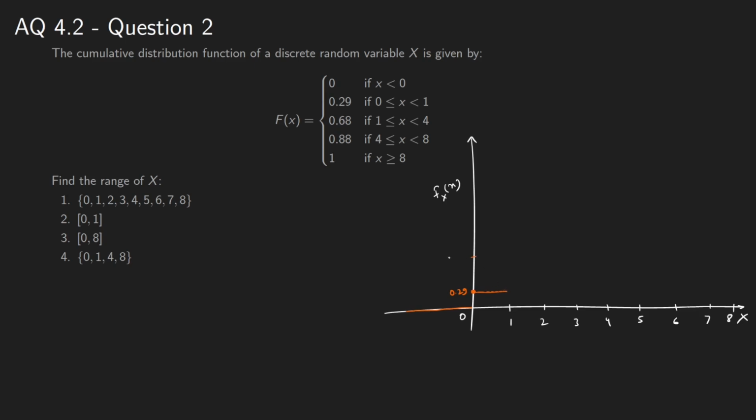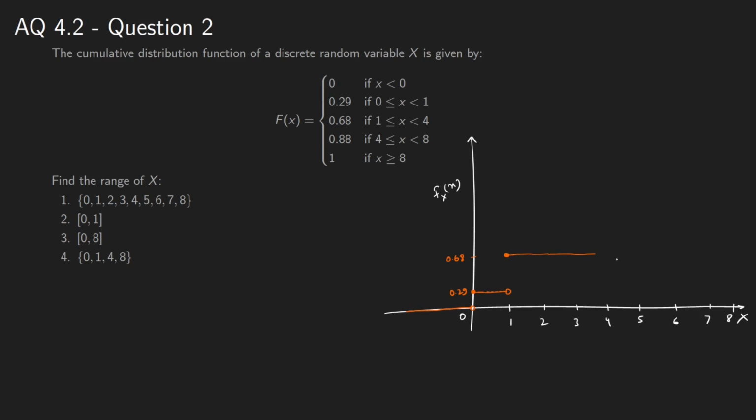So suppose this is the point 0.68. Here no value is taken, and here also no value is taken, but here there is a value taken by the CDF, and it's 0.68. Then again up to 4, this remains constant at 0.68.